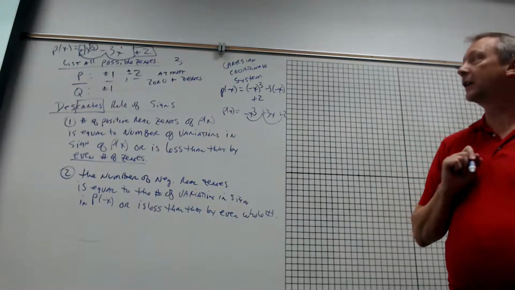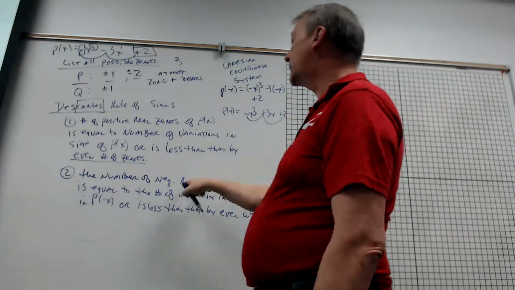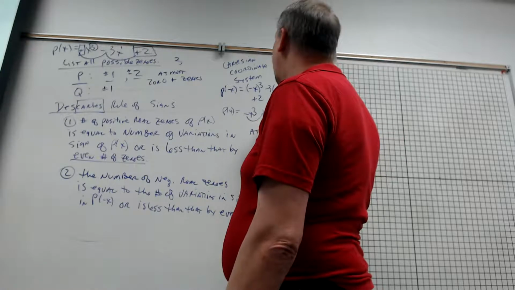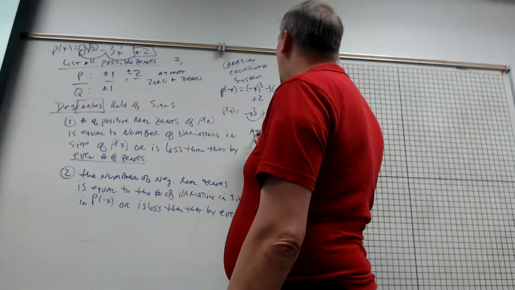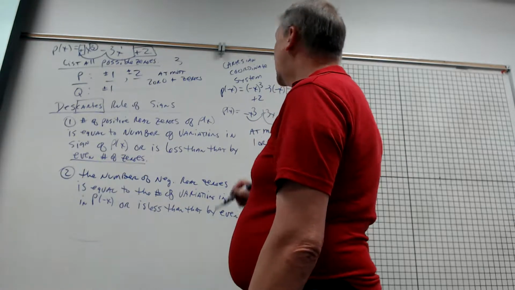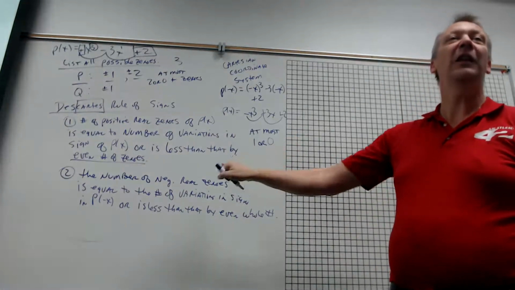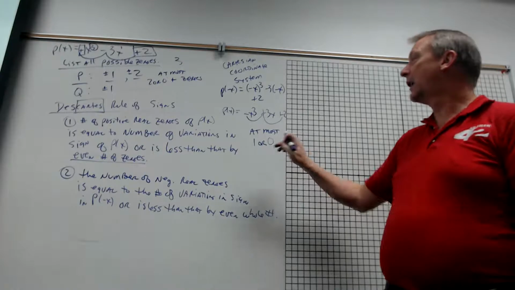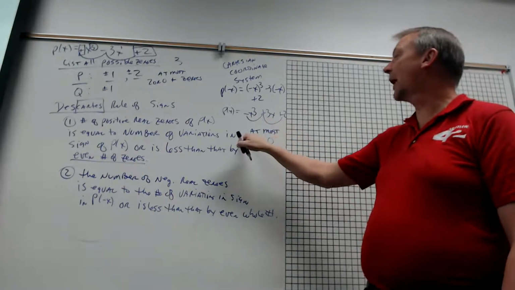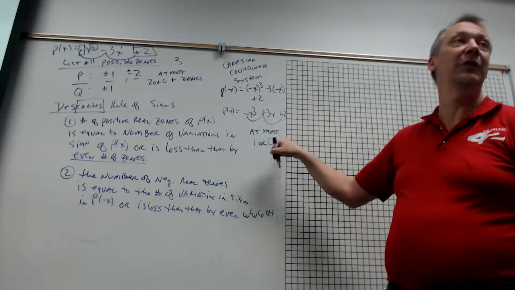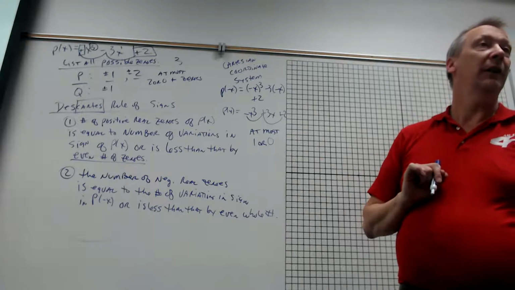So, according to rule number 2, I'm going to have at most 1 or 0 negative zeros. Normally I would count down: if I had 3 changes in sign, I would have 3 or 1 or 0 negatives.